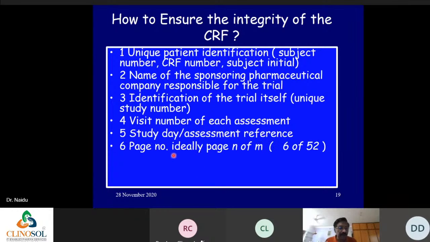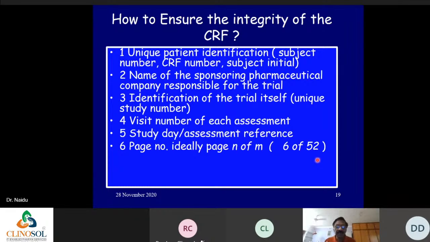Page number identification is very, very important. Each protocol, each case record form must have the page number, and the page number should be like this: page number 6 of 52. That means I know that my case record form has a total of 52 pages, and the page I am seeing is number 6.